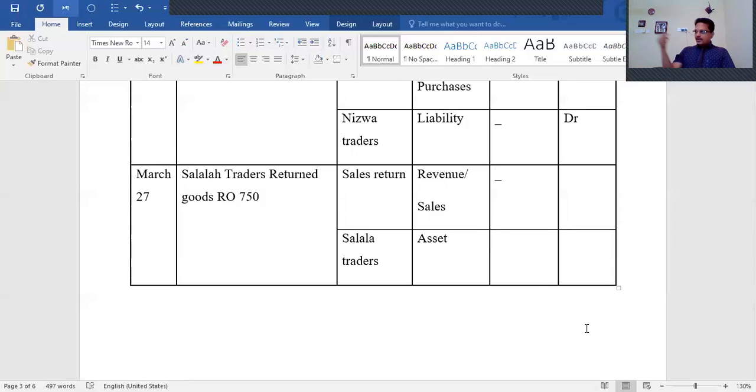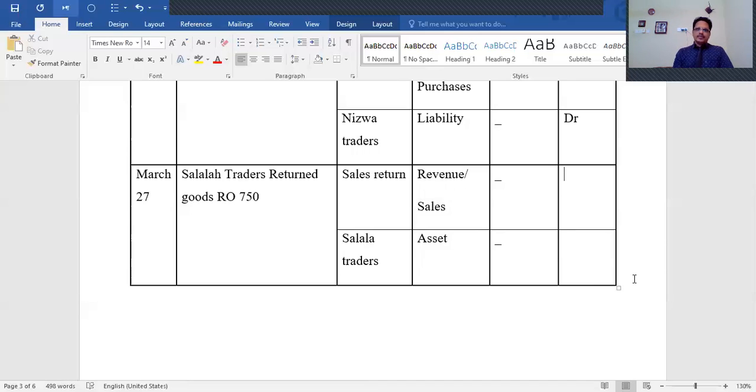When you sold the goods, your account receivables are increasing. Now some of the goods are returned to you. Just like they are giving some money, your asset decreases. So some of the goods they return to you, so your asset decreases. Now you can check what happens.